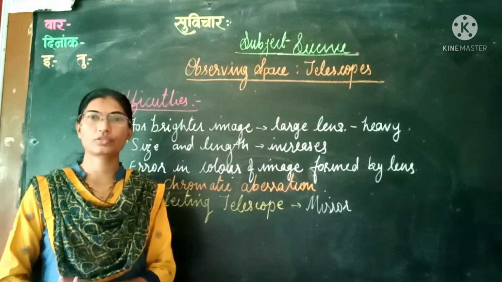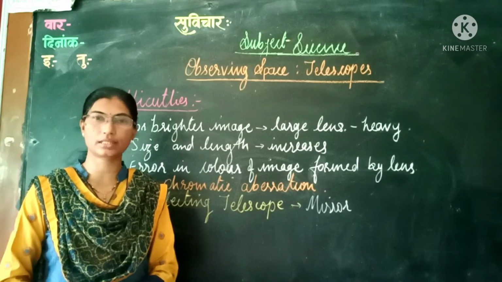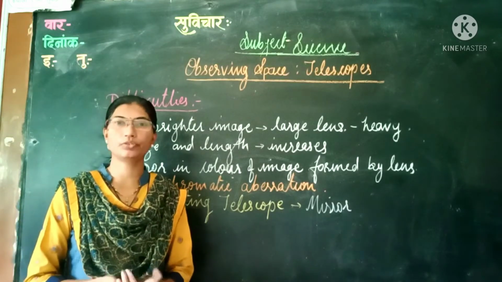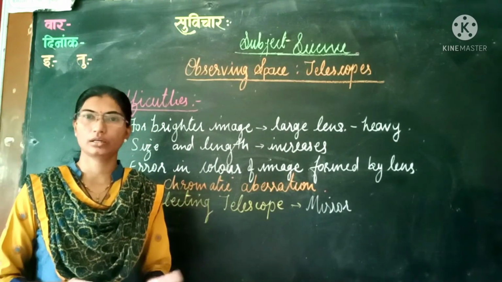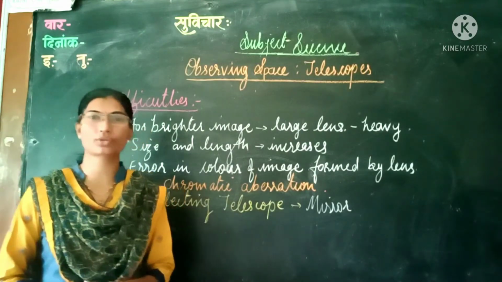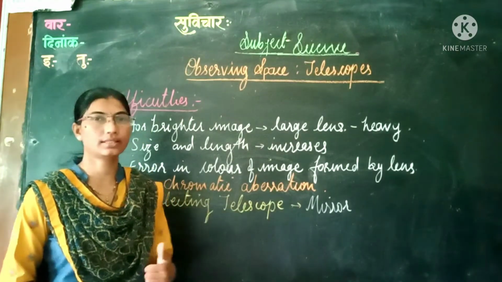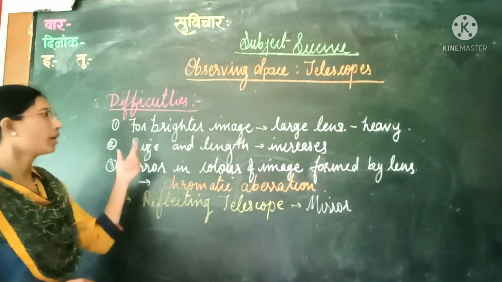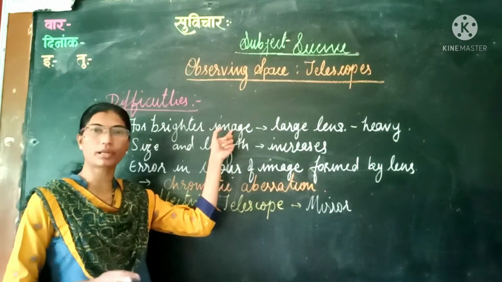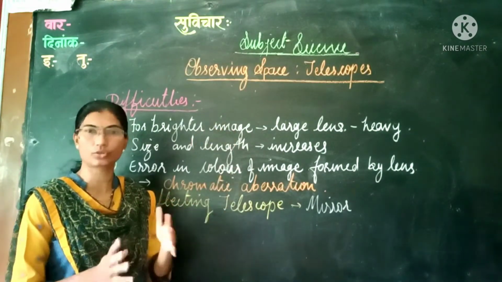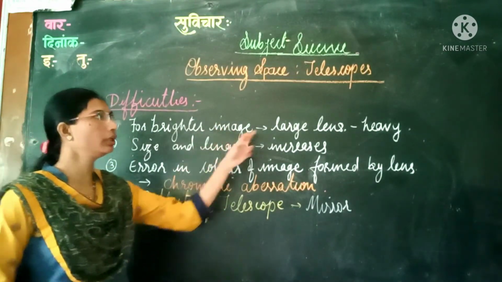Now students, we have studied what refracting telescopes are, but there are some difficulties or drawbacks in using them. What are those drawbacks? Let's see. The first is that if we want a brighter image of any heavenly body or object, then we need a larger lens.